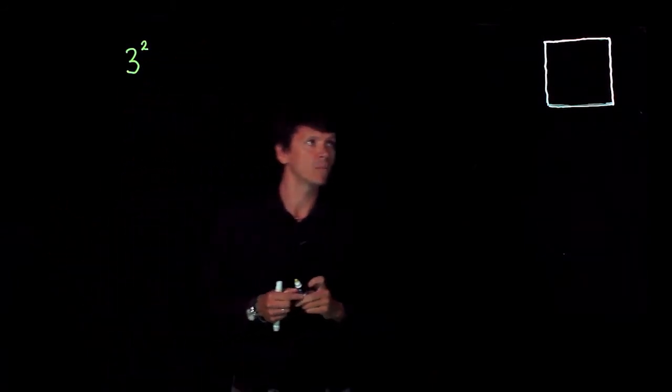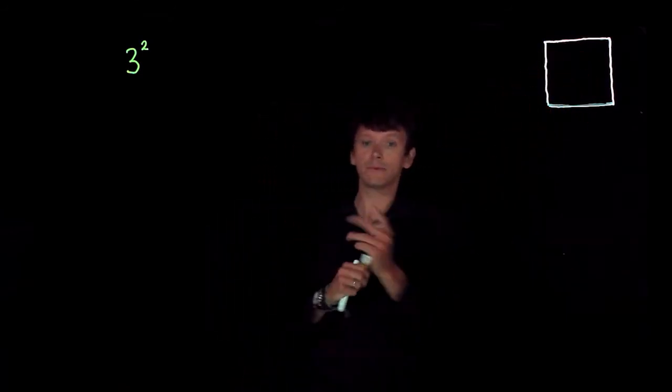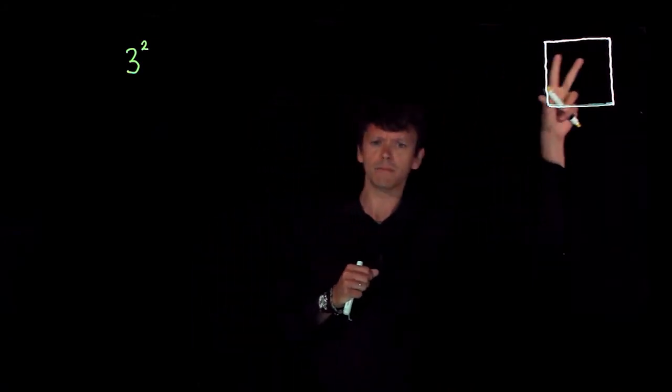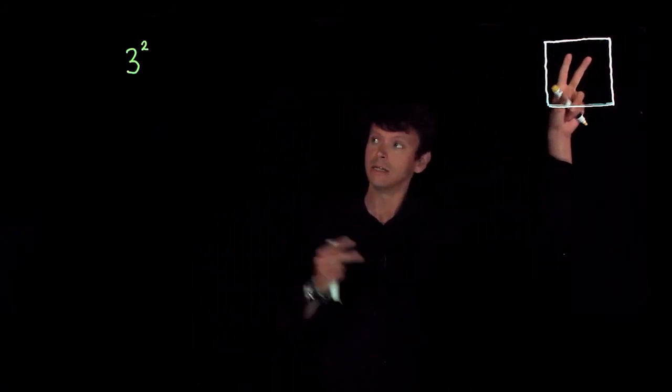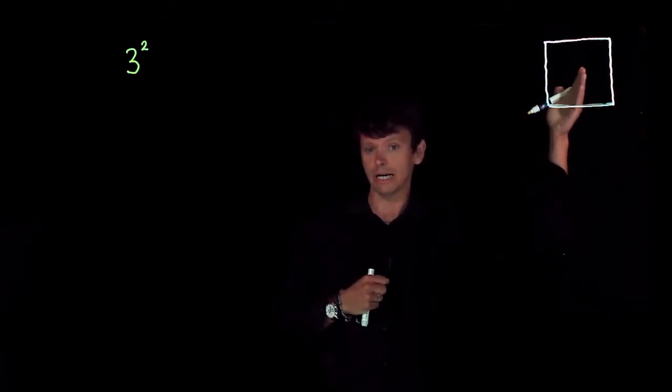What does that mean? Well, we look over here, I have a square, and because we're dealing with square numbers, it helps to think about what that means in terms of a square. Because a square number essentially means what is the area of this shape.